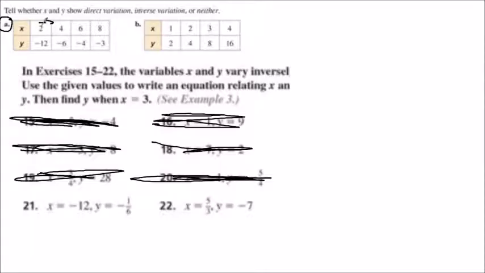We're going to start off with A. So we have 2 times negative 12, which multiplies to negative 24, and then 4 times negative 6, that's also negative 24, and then 6 times negative 4, negative 24. See? So even though they're both going up, so 2, 4, 6, and negative 12, negative 6, negative 4, yeah, they're both going up.